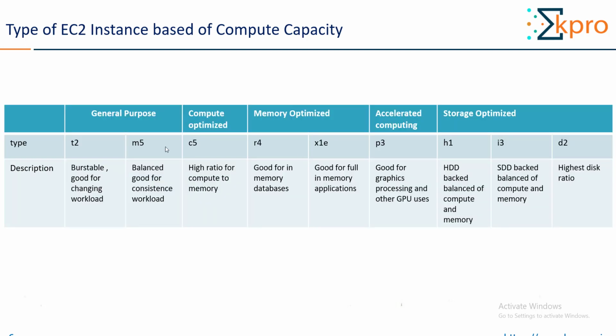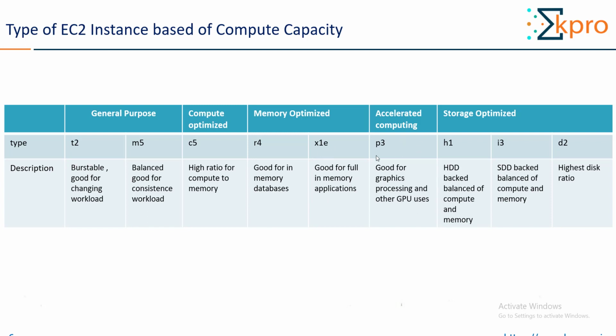So see here, we have general purpose. In general purpose it comes as the T2 family, M5, which are good for changing workloads, burstable, balanced, good for consistent workloads. C5, compute optimized, high ratio of compute to memory. Memory optimized is R, good for memory databases. X1E, good for full memory applications.